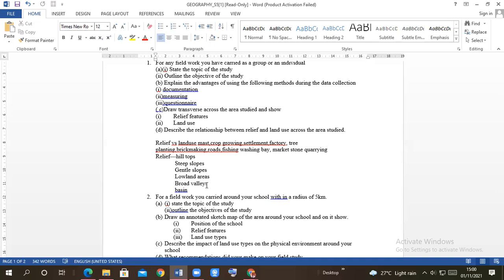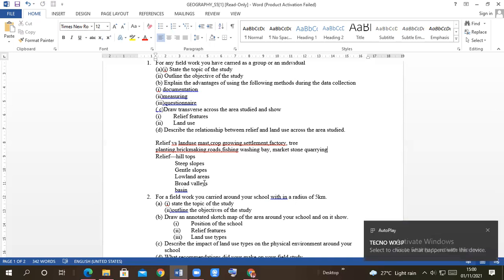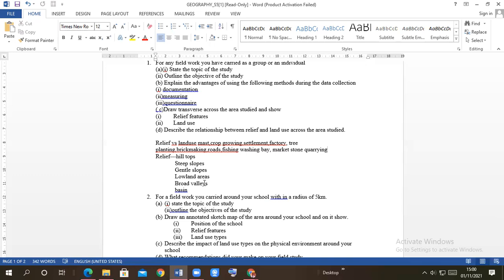Okay, it can be a lowland area, but it can be a broad valley. For example, areas where you see permanent swamps are broad valleys. Like in Kampala, where you see flooding almost whenever it rains, that is a broad valley. Still lowland areas can be broad valleys, isn't it? So okay.